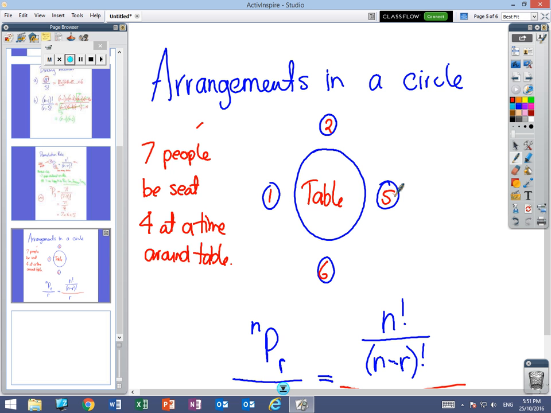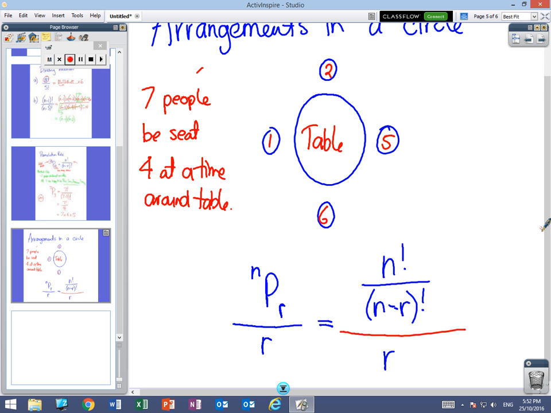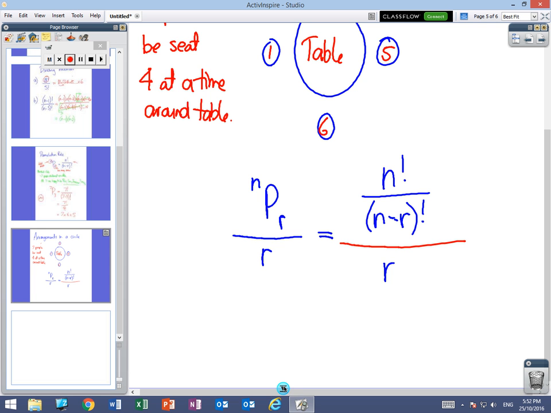We're talking about joining on the edges. The good news is there is a similar formula, and it is as follows. We already know this top bit because that was part of the previous rule. So you work it out as normal, as though it was in a straight line, and then divide by r. That's how we go about this one.